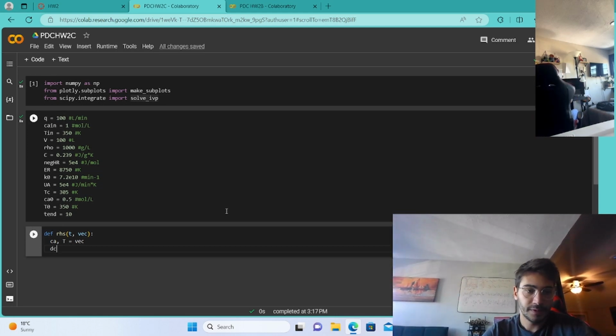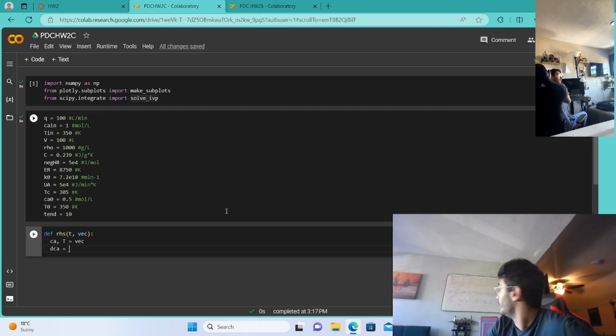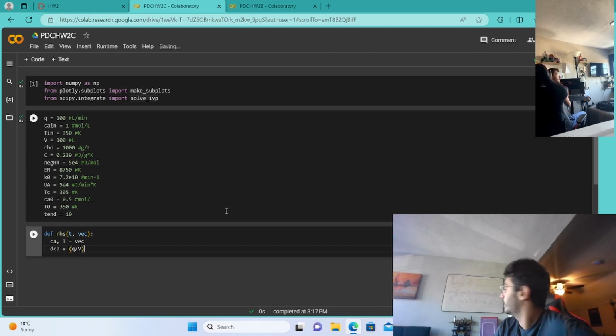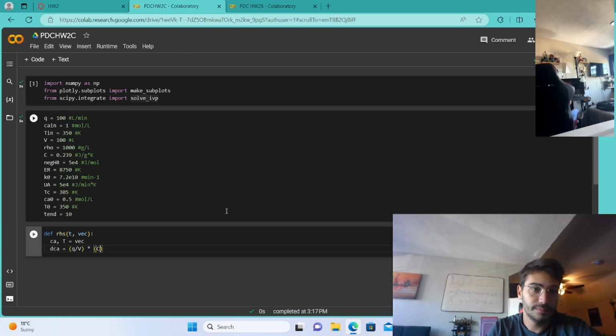So we know that dCA/dt is simply equal to Q divided by V, that whole thing multiplied by CA in minus CA naught, minus CA. And then that whole thing minus K times CA.